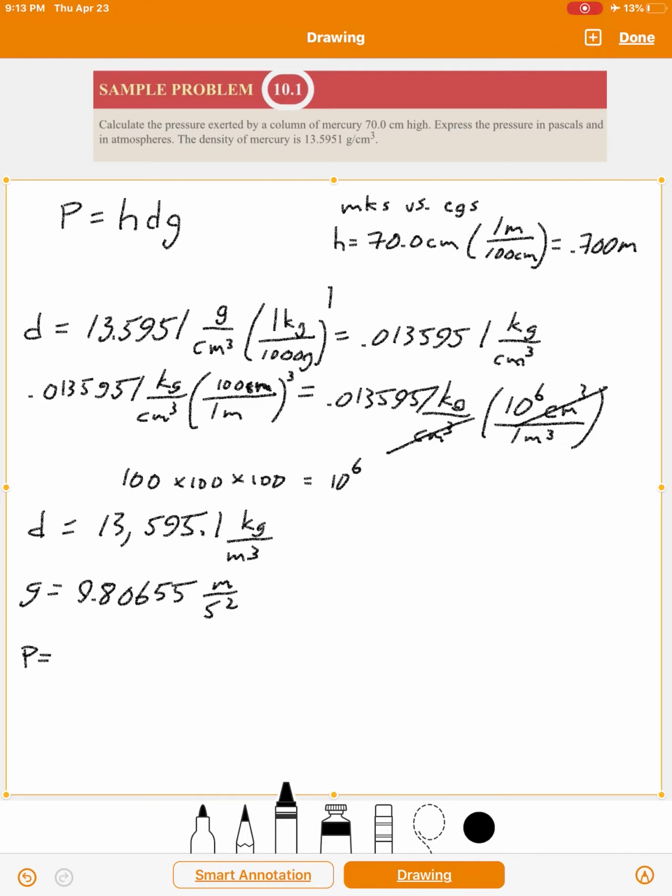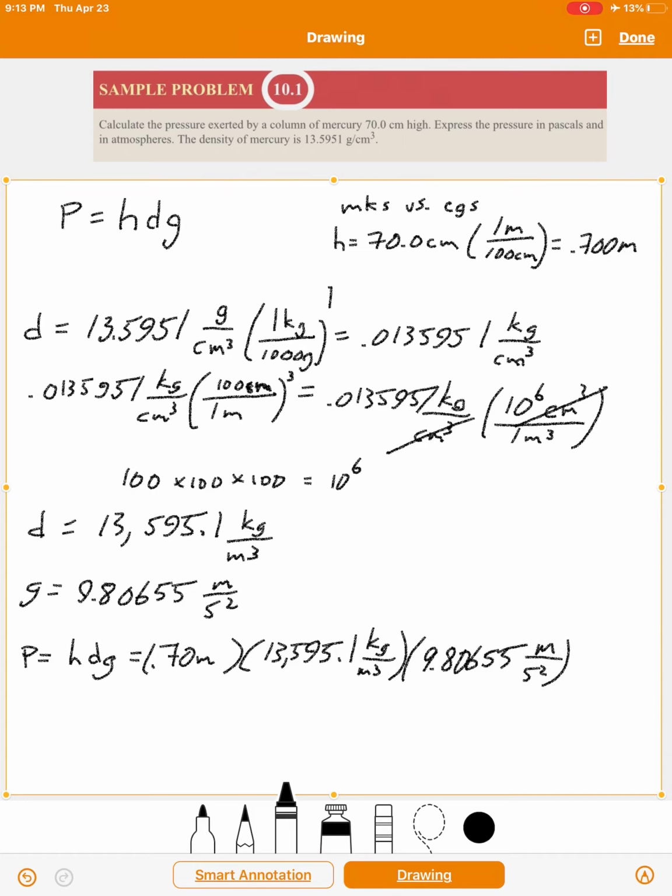P equals HDG. So that would be 0.70 meters times 13,595.1 kilograms per meter cubed times 9.80655 meters per second squared.